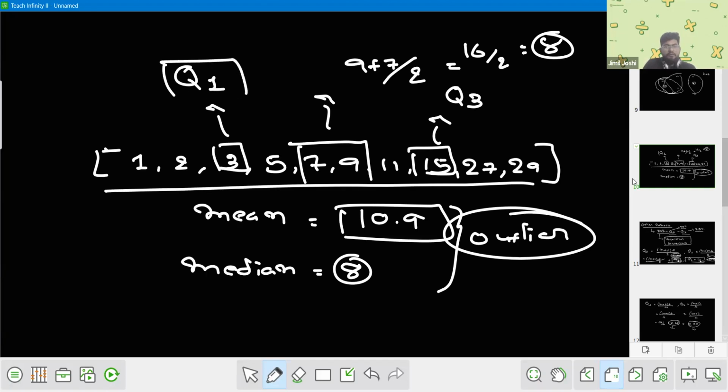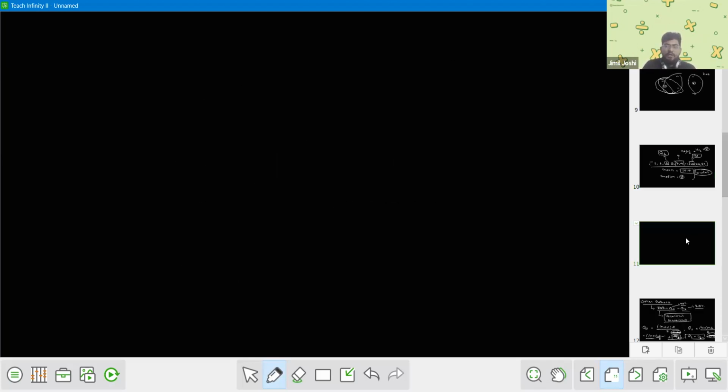So it's your Q1, it's your Q3. You got both, right? Once you find Q3 and Q1, the next step is finding the IQR, the interquartile range: Q3 minus Q1.